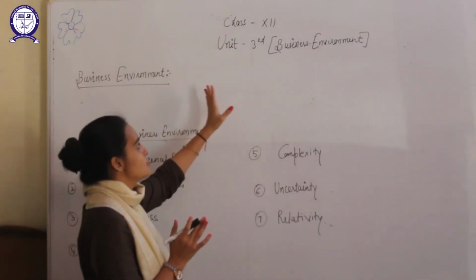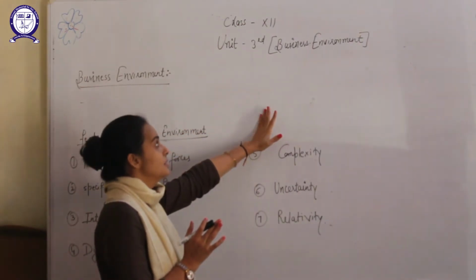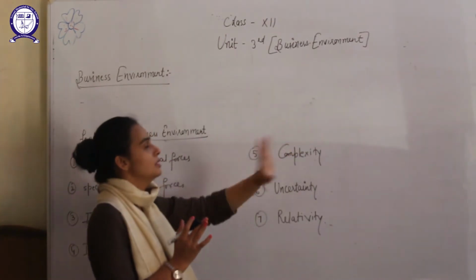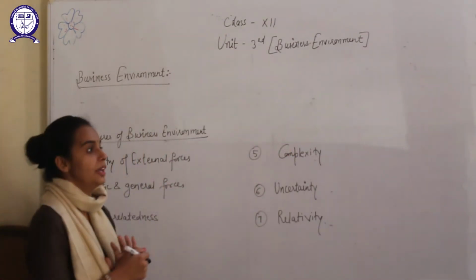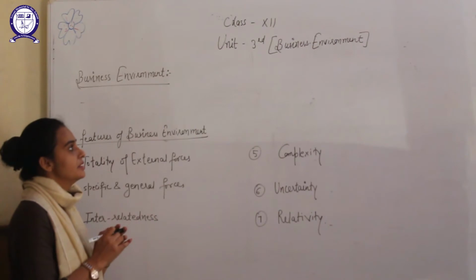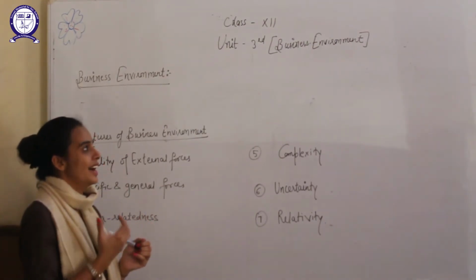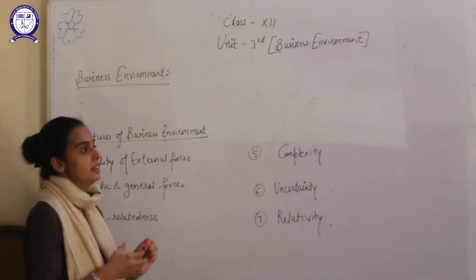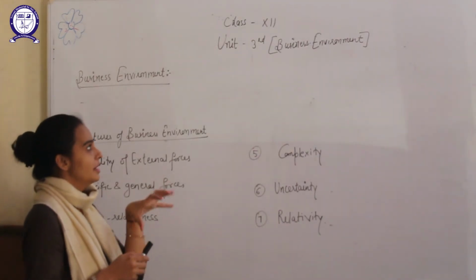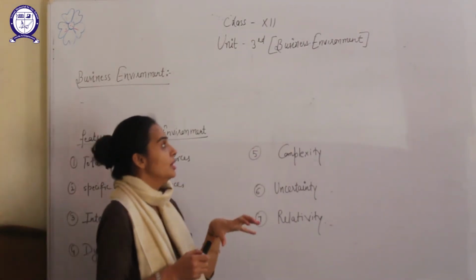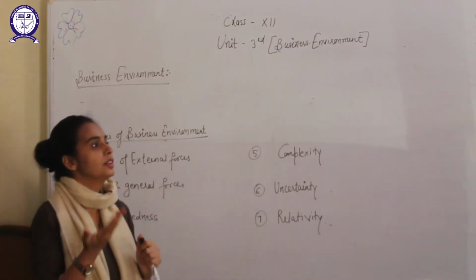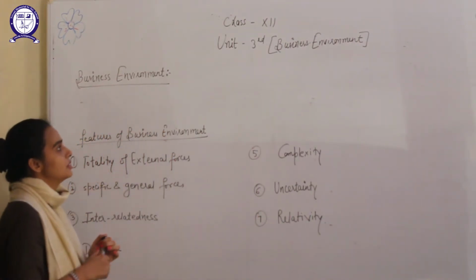A businessman has to do business in a business environment. So there are many factors in the business environment which affect the business directly or indirectly. Some factors are controllable and some factors are beyond the control of a businessman.